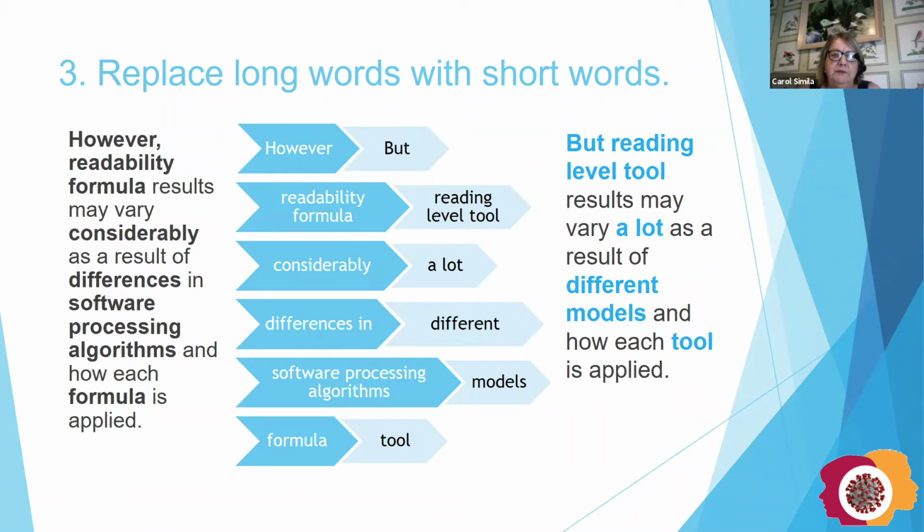Megan says, what would you do with necessary long terms, such as diabetes? Okay, diabetes is a term that if you have it, you probably have heard it. Diabetes is 4 syllables, but it's a common 4 syllable word. It's like information. There's not a really good substitute for it. You could say sugar sickness.